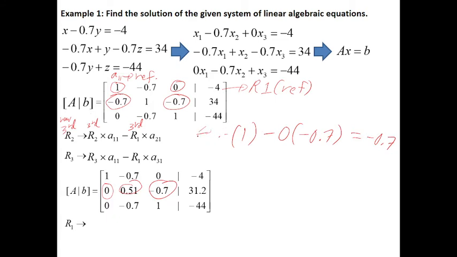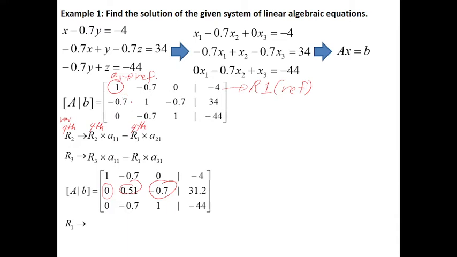And then, let me consider the fourth element. So the fourth element, so what's the fourth element?